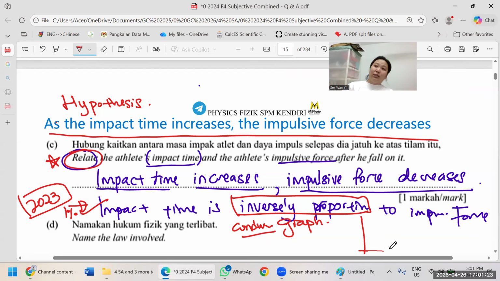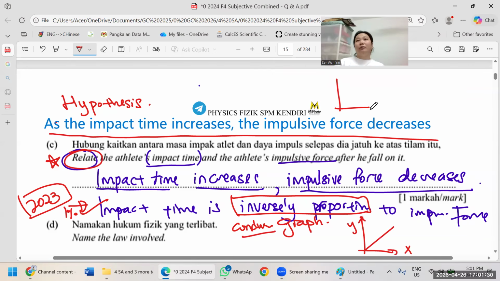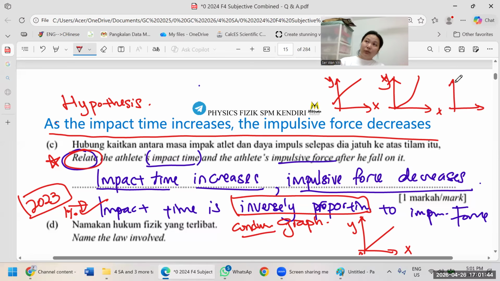This sentence only shows one graph, but the hypothesis can show many types of graph. Could be like this, start from 0, or not start from 0.